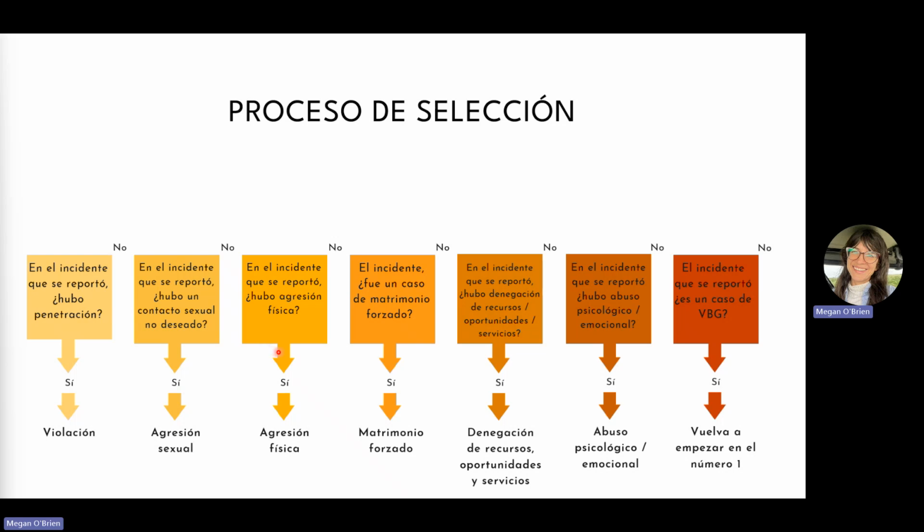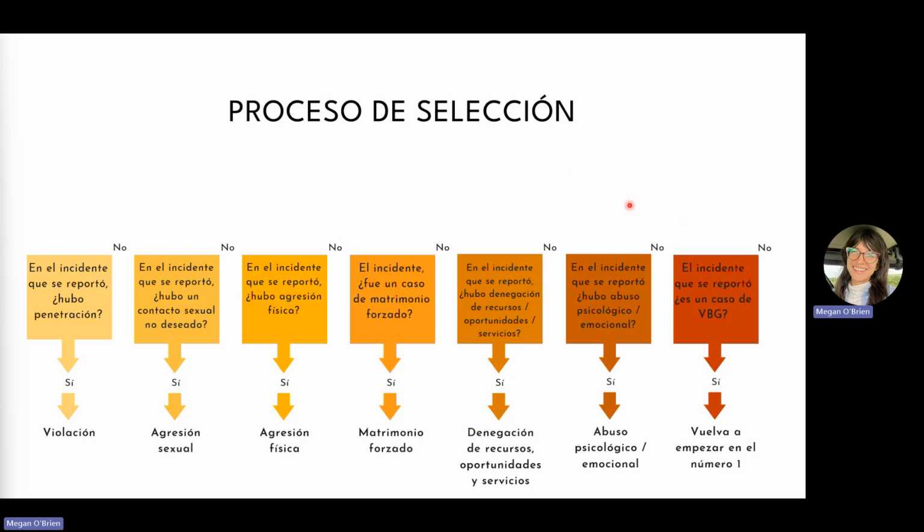If no, you'll ask, did the incident involve a case of forced marriage? If yes, then you would mark the incident as forced marriage. If not, you would ask, did the reported incident involve the denial of resources, of opportunities, or of services? If yes, then it's marked as the denial of resources, opportunities, or services.